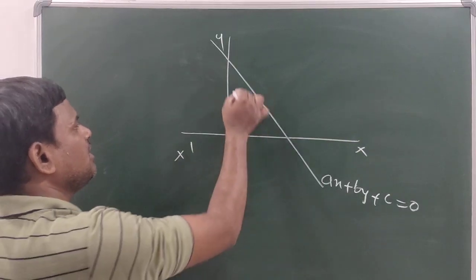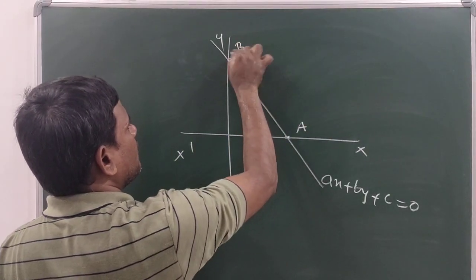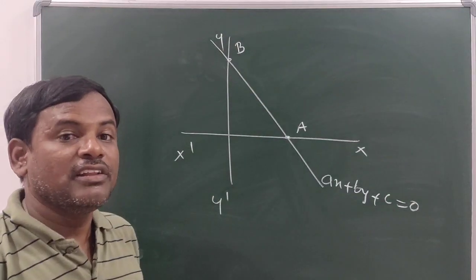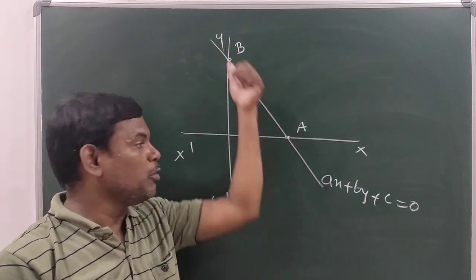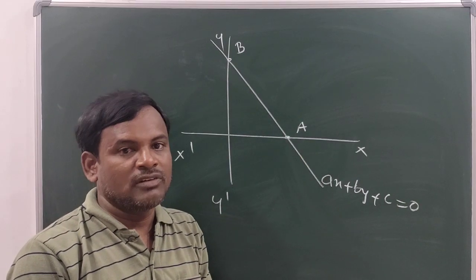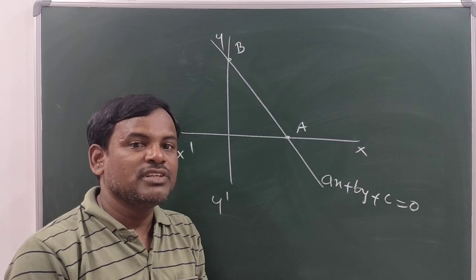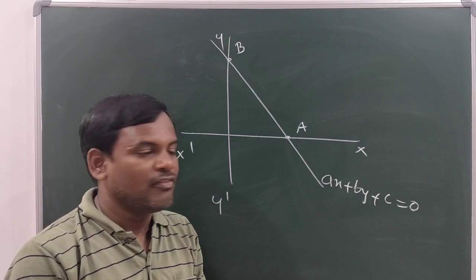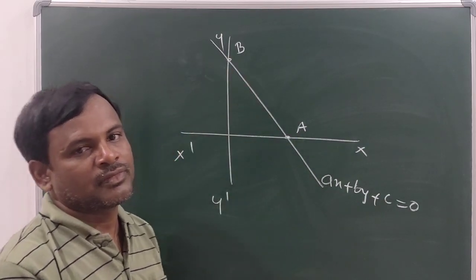It is intersecting the x-axis at A and the y-axis at B. Now find the equation of the circumcircle of the triangle formed by this line with the coordinate axes.